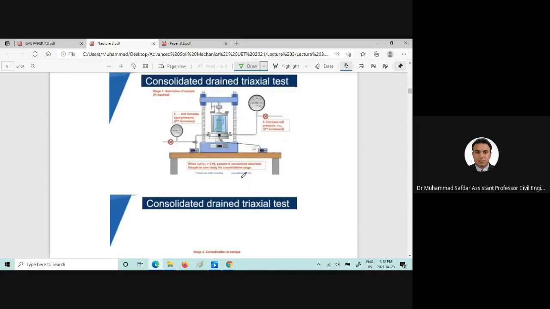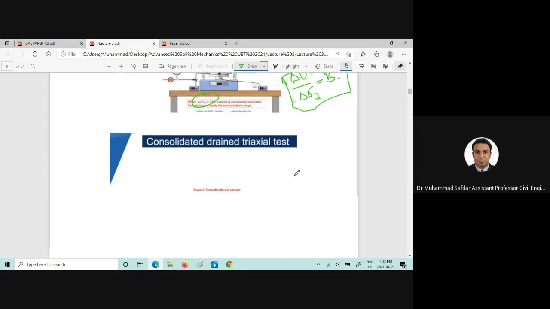Then we measure the pore water pressure using the pore pressure parameter B, which is also part of assignment number 1, so we will also discuss that at the end of this lecture. For the time being, B is the change in the pore water pressure over the change in the confining pressure.